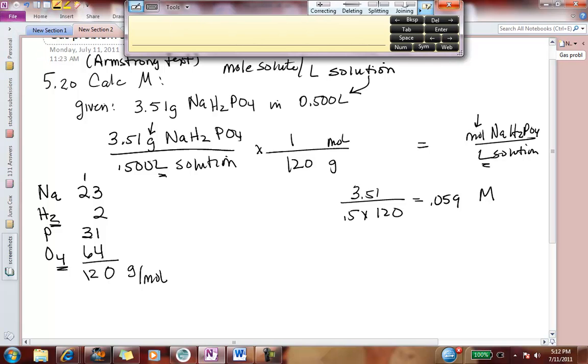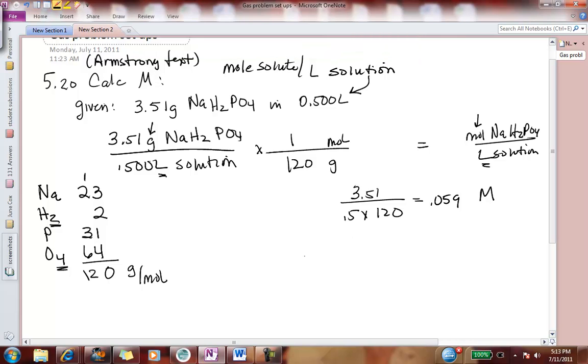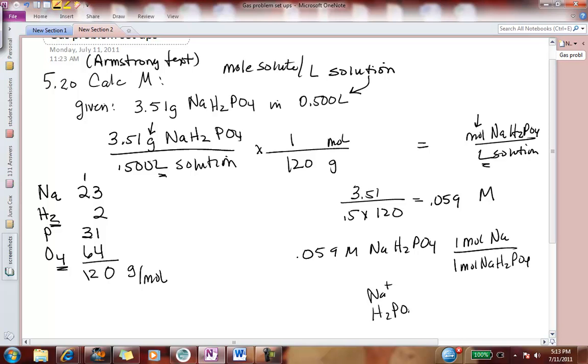But what you also need to be able to see from this is 0.059 molar sodium dihydrogen phosphate, and I have 1 mole of sodium ions for every 1 mole of NaH2PO4, and so my molarity of just sodium ions would be exactly the same, and my molarity of dihydrogen phosphate ions would be the same.